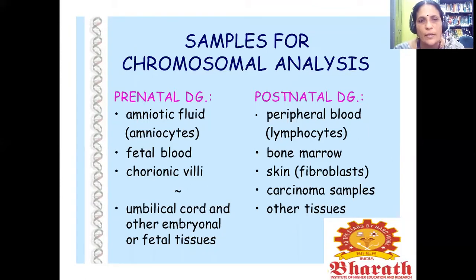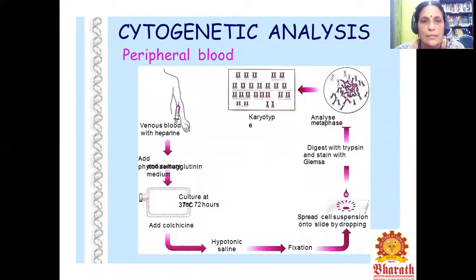In prenatal diagnosis, you take amniotic fluid, fetal blood, chorionic villi, umbilical cord, and other embryonal or fetal tissues. Postnatal diagnosis uses peripheral blood lymphocytes, bone marrow, skin fibroblasts, carcinoma samples, and other tissues. These are the samples for chromosomal analysis, prenatal as well as postnatal diagnosis.